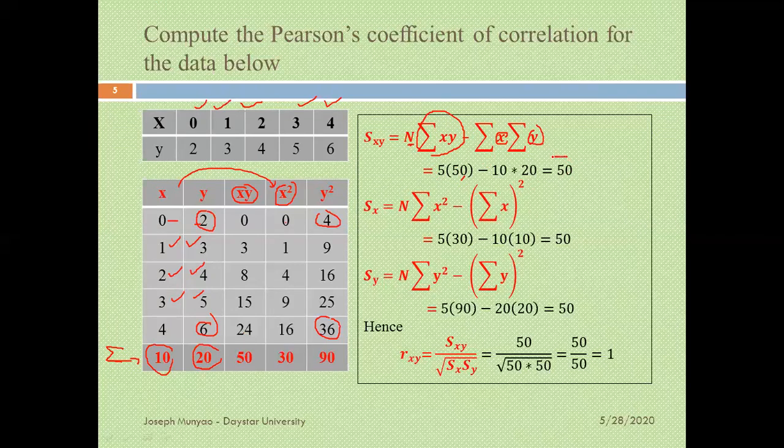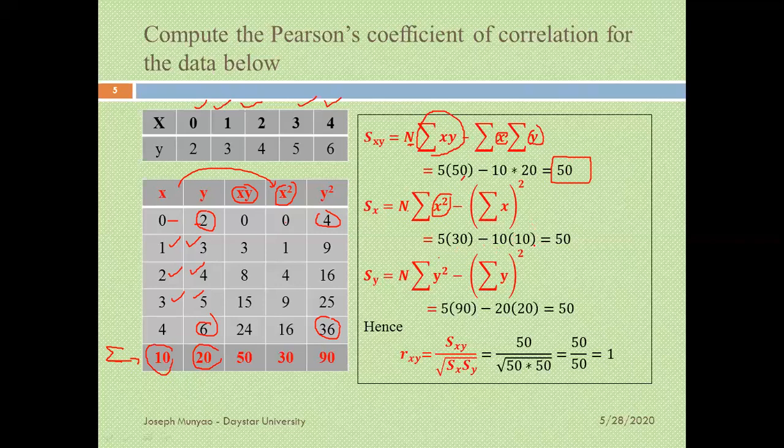I get 50 there. Same for the other one. I put 5 there because the n is 5. Then the total for x squared is 30. So I put that there, minus the sum for x, which is 10, and then I square it.